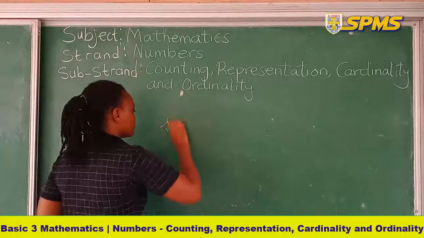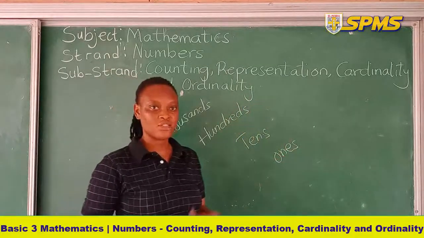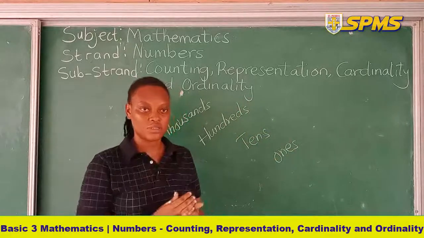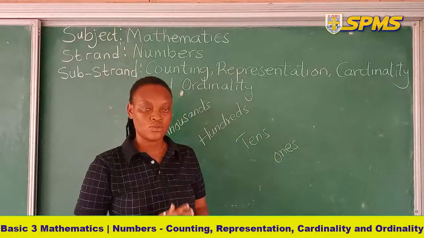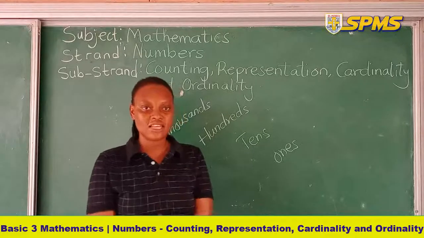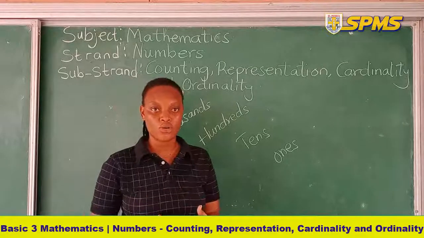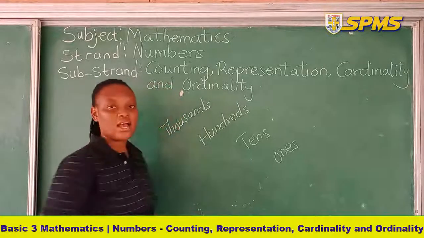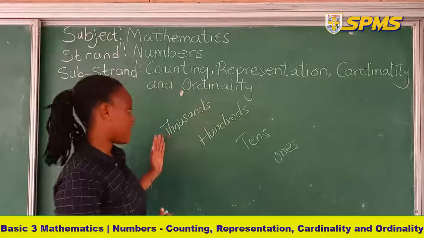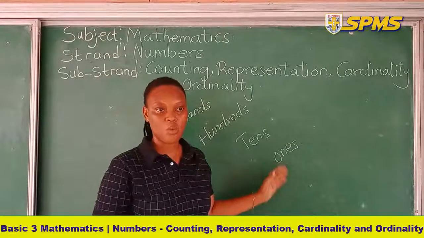They are in columns, so you should know whether a number belongs to the ones column, the tens column, the hundreds column, or the thousands column. So these are our place values.